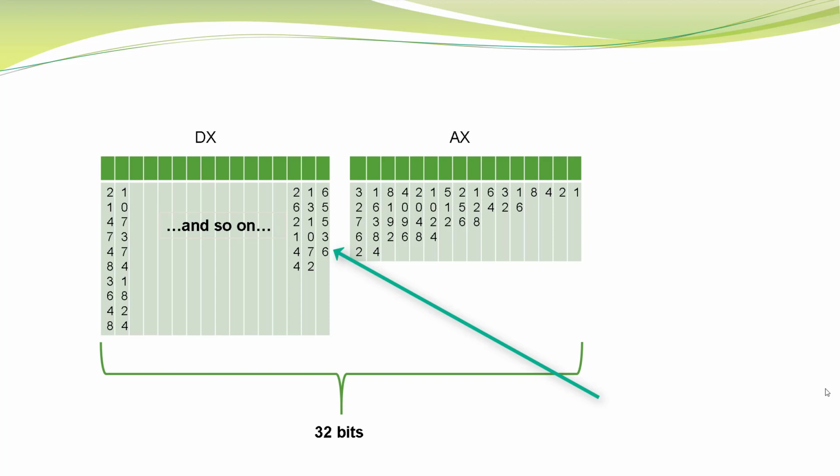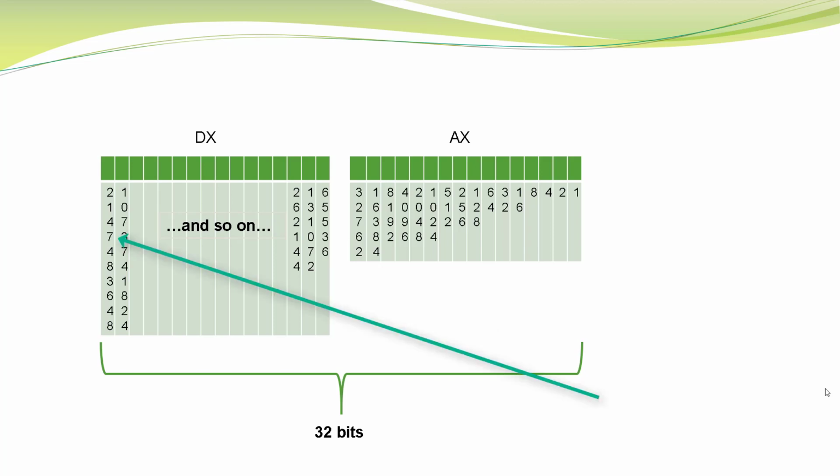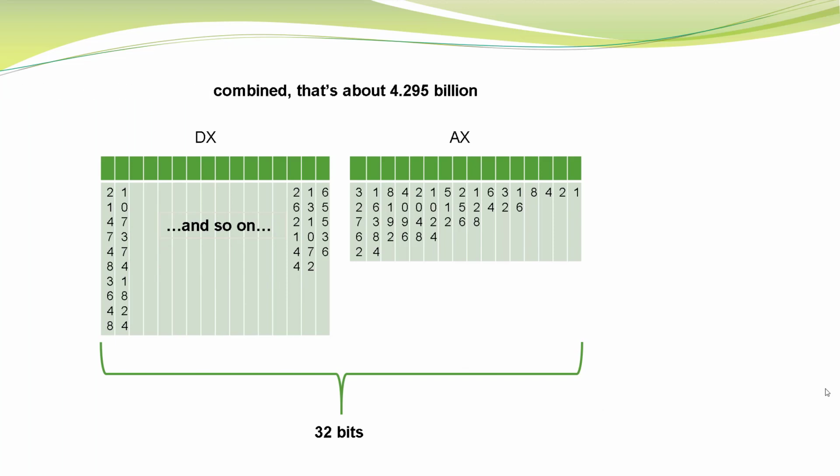And that's where we're getting the 65,536. Notice the most significant bit then in this arrangement, if there's a 1 in that column, stands for over 2 billion just by itself. So if I put these two registers together, I could store a number that's bigger than 4 billion.